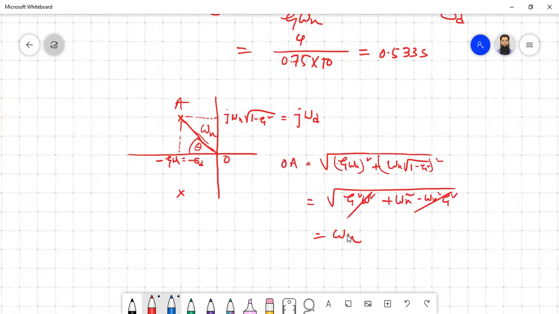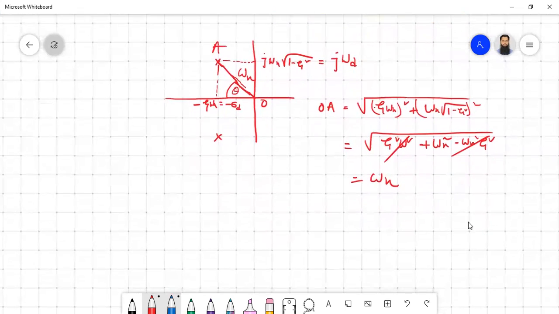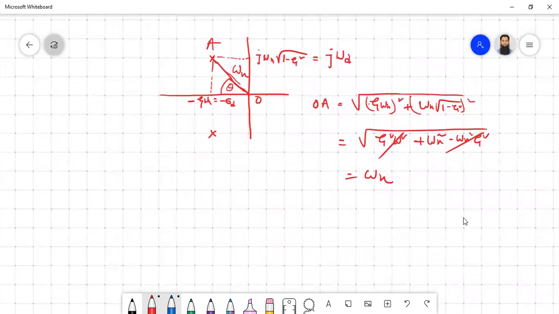Okay, so next thing that we have to relate is how these specifications that we have defined are related to the pole location. The peak time that we have related was basically pi by omega n root over 1 minus zeta square. We can easily relate this to pole location, isn't it?